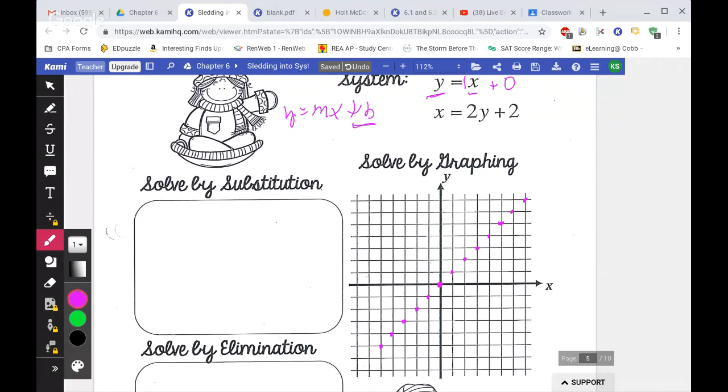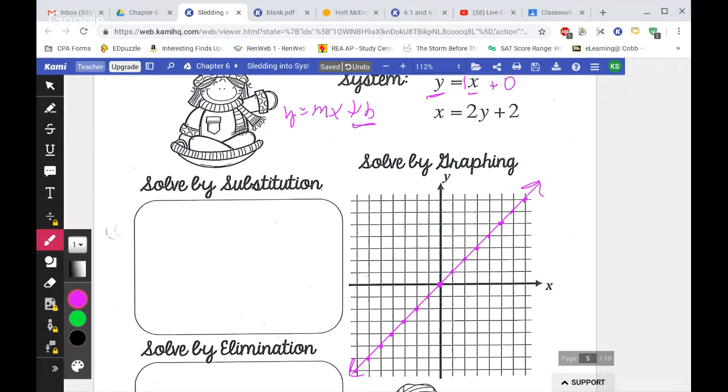So whenever you have a positive slope, you want to travel in either two positive directions or two negative directions. And then when you're done, your line should rise from the left to the right. So that's another way that you can double check and make sure that your slope is correct.